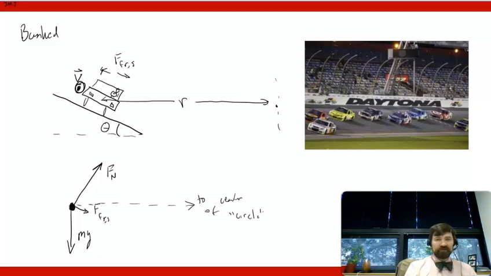And so my centripetal force in this case, Fc, must be some component of this friction force and some component of the normal force. We could maybe call it F normal R and F friction static R. And so how much of each of those is there?